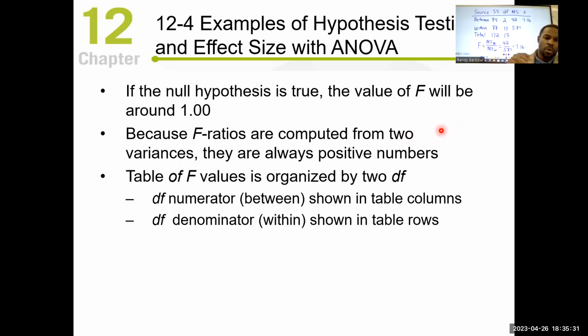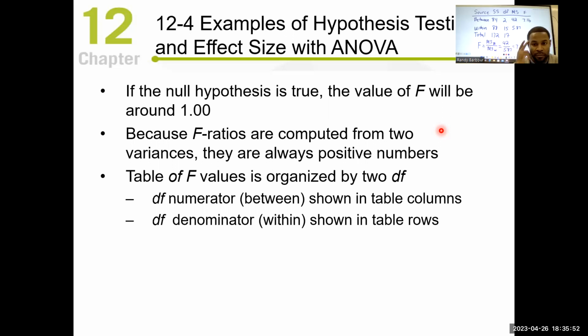So when you're talking about hypothesis testing, if the null hypothesis is true, the value of F will be around 1, either 1 or close to 1. Because F ratios are computed with 2 variances, they are always positive numbers, right?